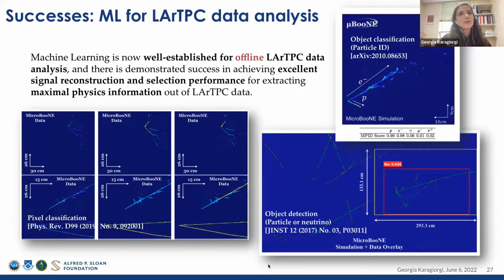MicroBooNE has demonstrated that you could do object detection, for example, finding a neutrino interaction among ambient cosmogenic backgrounds in a detector that's operating on the surface, or that you can identify pixels on the basis of whether they belong to an electromagnetic shower object or another charged particle track, a muon or a proton, for example, as well as classifying objects according to their candidate type: electron, photon, muon, pion, proton.